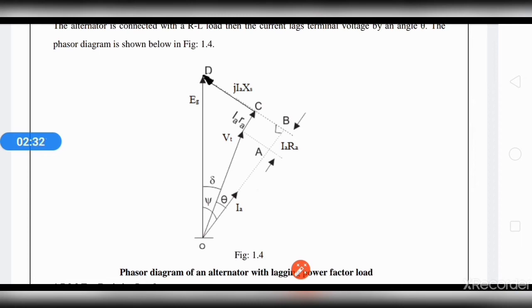The angle between the terminal voltage and the generated voltage is delta, shown by del. So del is the angle which is the phasor difference between the generated EMF and terminal voltage. So it is equivalent to the summation of Vt, IaRa and IaJXa. This is all about the phasor diagram for inductive load.